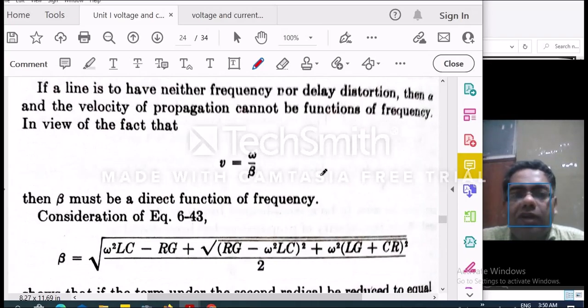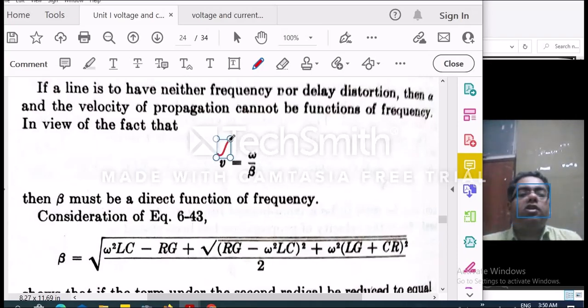First let us see how we can avoid the delay distortion or phase distortion. That is, v equals omega by beta. Velocity should be independent of frequency, so that all frequency components arrive at the same time at the receiving end and there is no delay distortion.